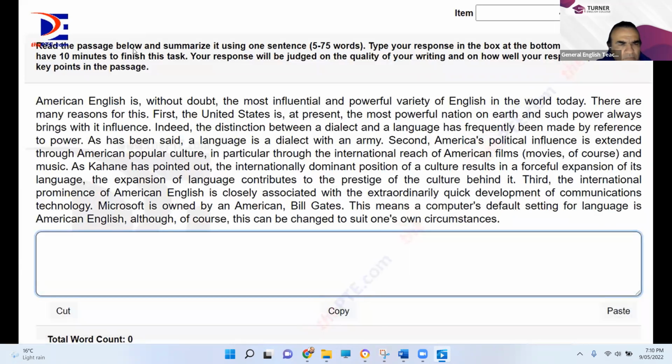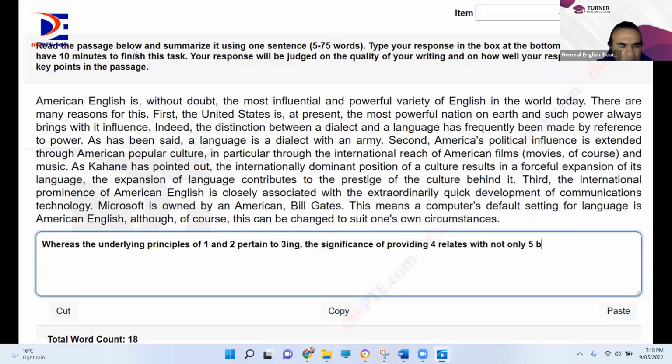But practice makes perfect, you know that. Okay, I give you some time to read the text.